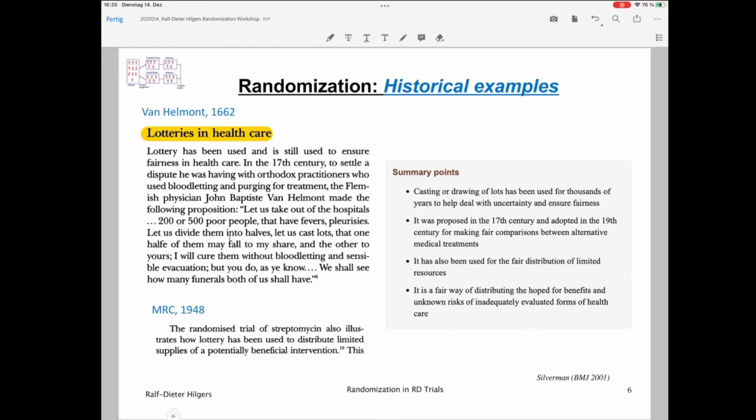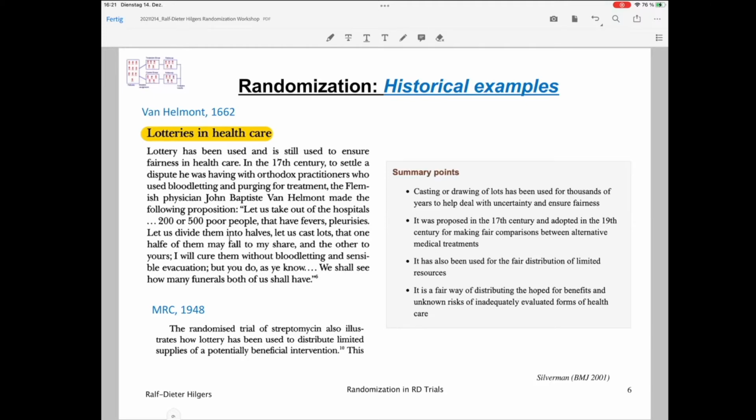So basically, the procedure he suggested as the randomization procedure, I would say, is a random allocation rule, which is a very famous, very old procedure, because this procedure preserves the allocation ratio of 1 to 1. Later on, there was a well-known example from the MRC in 1948, which is the well-known streptomycin trial, a randomized trial to cure tuberculosis.